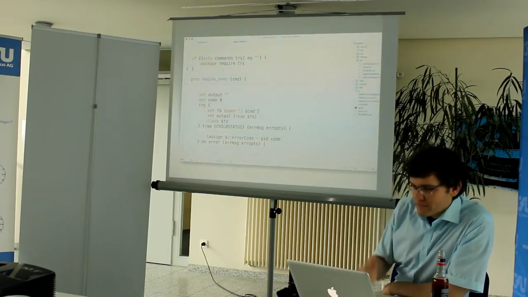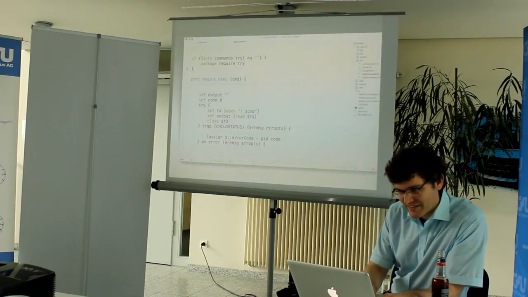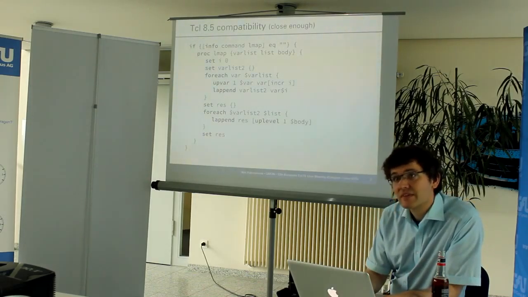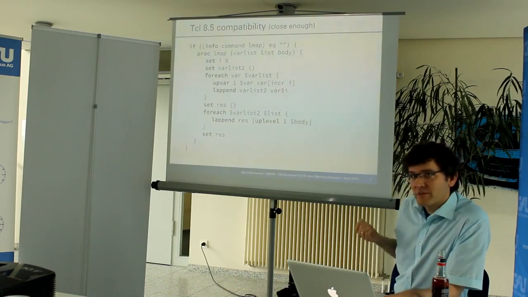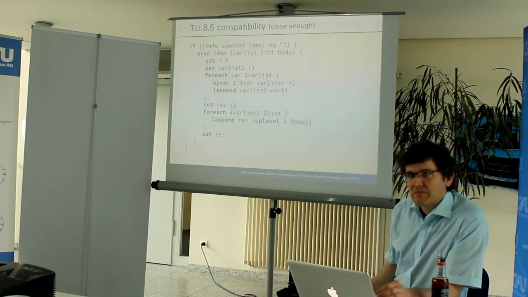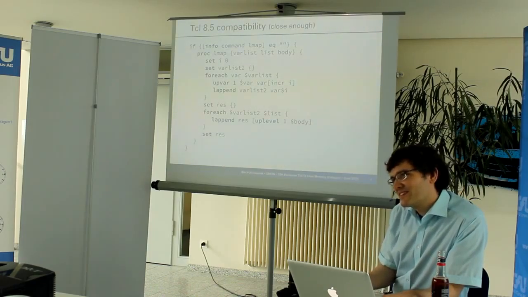But that's okay too. Well, close enough anyway. But it would be no problem to put that all together in one file. No, it wouldn't be. It's perfectly fine that way. But I wanted it to be 8.5 and 8.6 compatible. Yeah. And in a package require try would have done it as well. It would, yes.